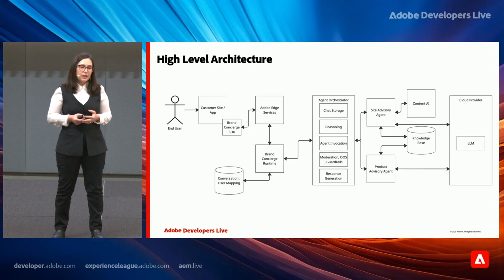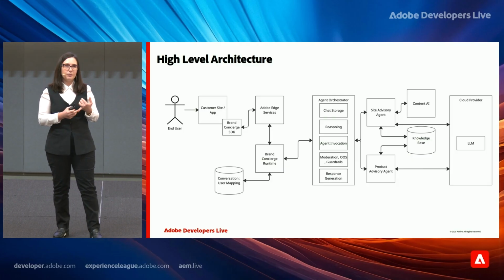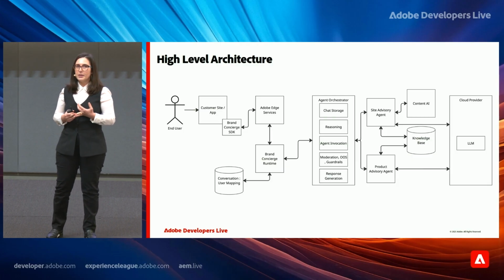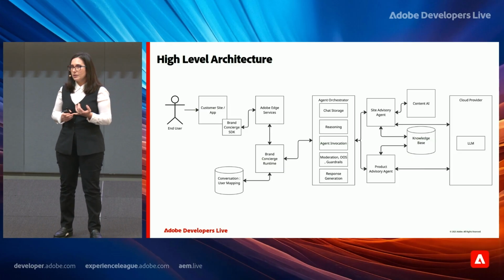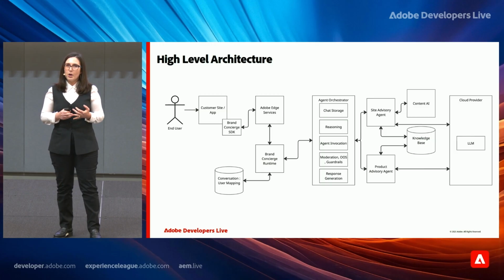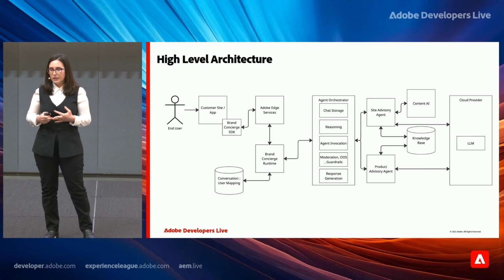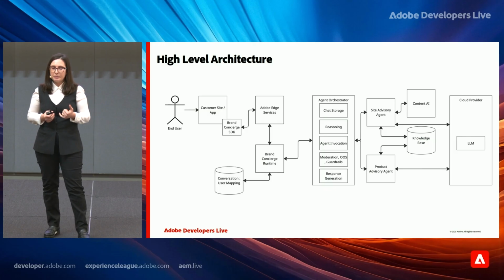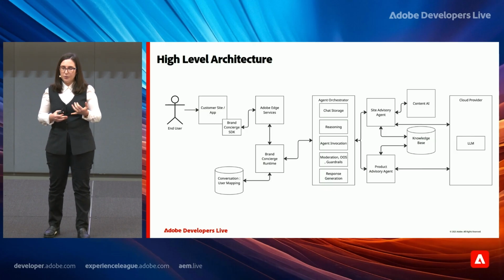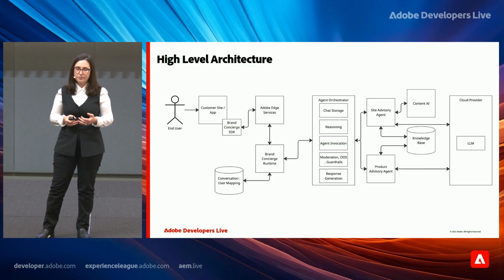If talking about high-level architecture, we have on the customer's website the Brand Concierge client and Web SDK. Brand Concierge client is responsible for conversational experience, while Web SDK handles identity management, context gathering, and low-level communication. Then we have Brand Concierge Runtime, which is responsible for routing, session management, and response orchestration.